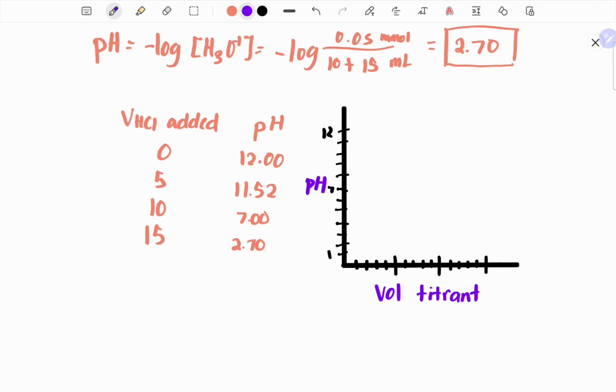At volume of hydrochloric acid 0, the pH is 12. At 5 ml, it's 11.52. Let's say it's over here. At 10 ml, that's pH 7. And then at 15 ml, it's 2.7. Let's say it's somewhere over here.